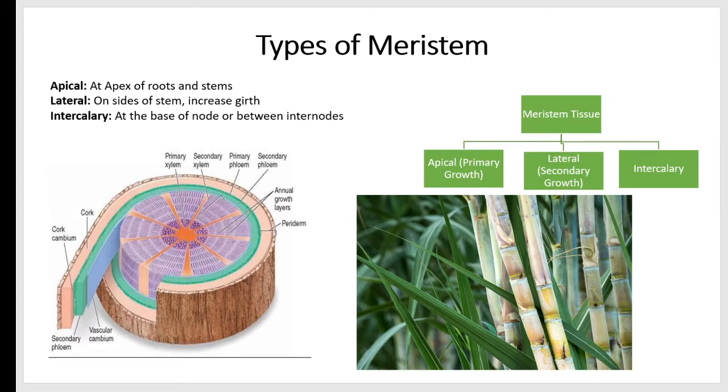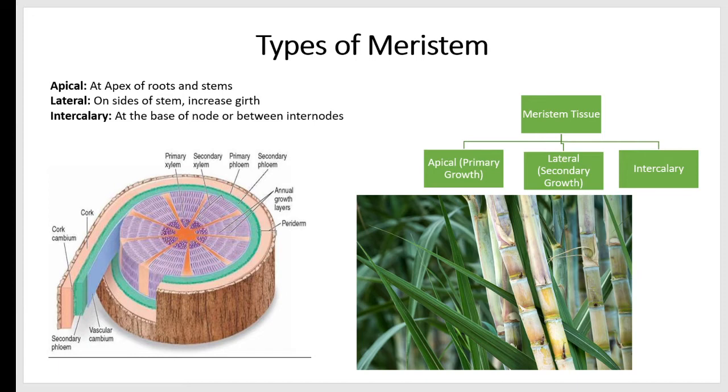So what are the types of meristematic tissue? There are basically three types of meristematic tissues. They are apical, lateral and intercalary. The name signifies itself. Apical means they are present at the apex of roots and stems, and they promote their longitudinal growth.